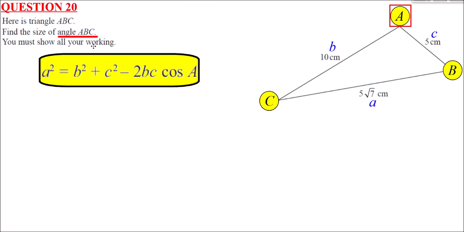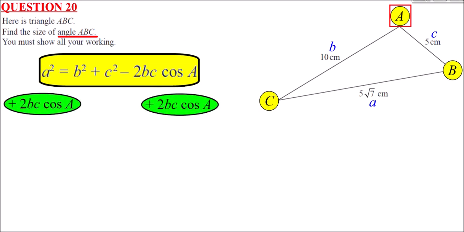So because we're trying to find an angle, we need to get this big A as a subject, or at least cosine of A, or cos A. So at the minute, this is negative 2bc cos A. So what I'd suggest to do first would be to add 2bc cos A to both sides of this equation.